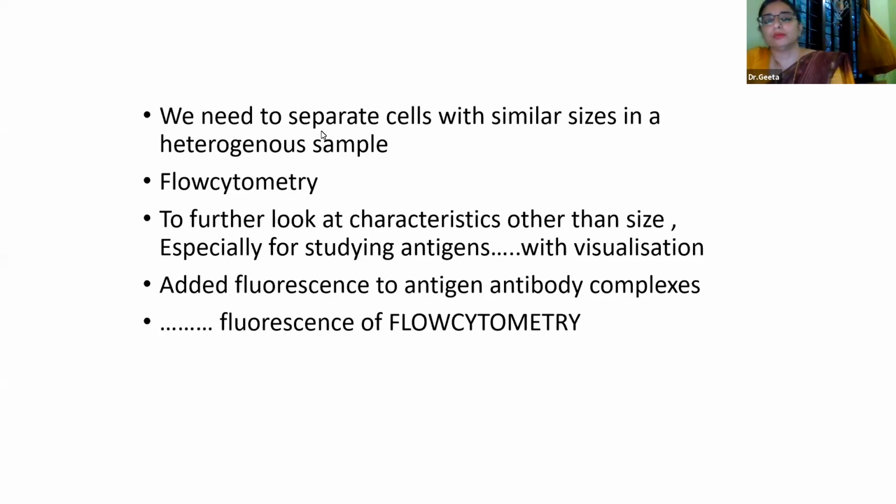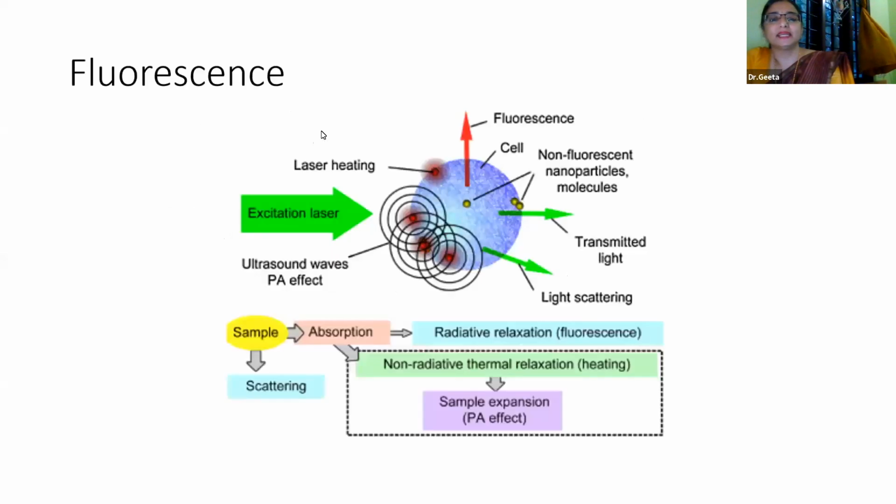So now, as I've discussed, many techniques use antigen and antibody reaction to demonstrate the presence or absence of the antigen. Once we have prepared or got an antibody against the required antigen and we add it to the cell suspension, once the antigen antibody reaction takes place, it needs to be visualized.